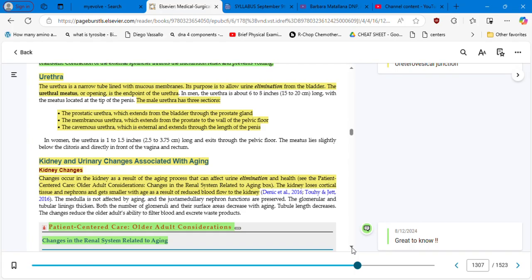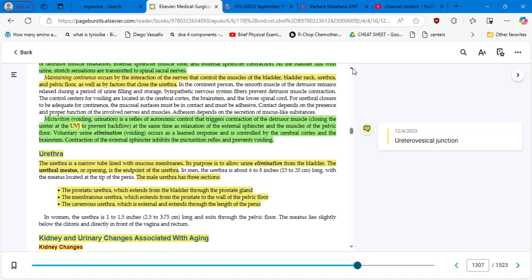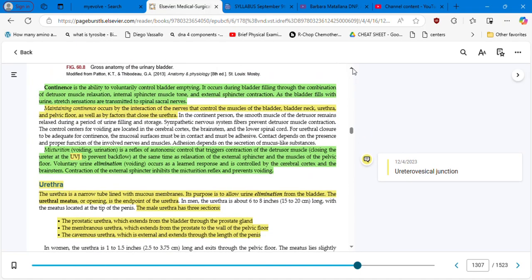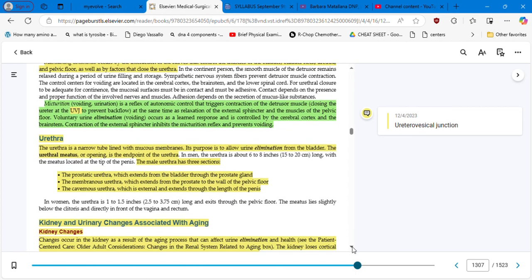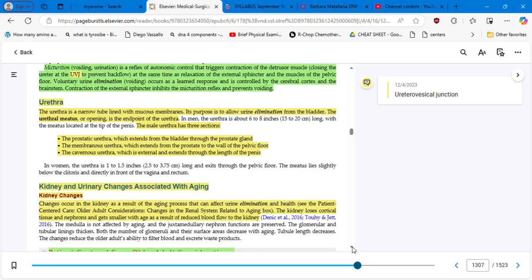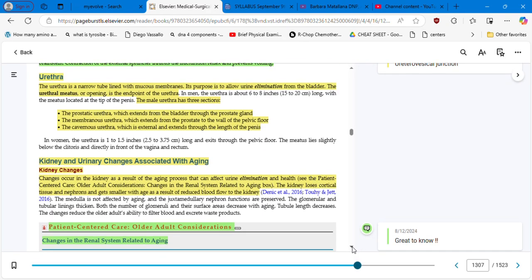So these are definitions that you need to have clear: micturition, continence, the urethra, also incontinence, and the relationship with the cerebral cortex or the nerves in the spinal cord. Those are very important because depending on the presentation of the patient, you are going to be able to associate if there is any issue in the spinal cord or in the nervous system.